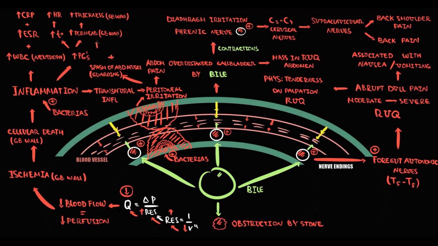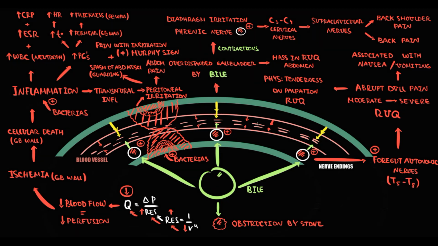In addition to this, if we ask the patient to take a deep inspiration, with inspiration the diaphragm pushes the gallbladder downwards, and in this state we can palpate the gallbladder. But because the gallbladder walls are inflamed, any palpation in the right upper quadrant will cause pain, and pain with palpation in the right upper quadrant on inspiration we call positive Murphy sign.